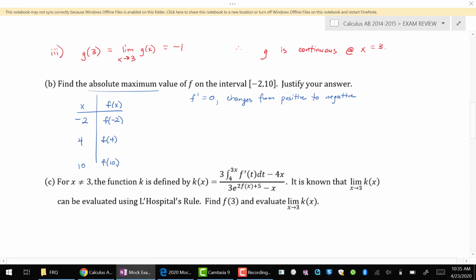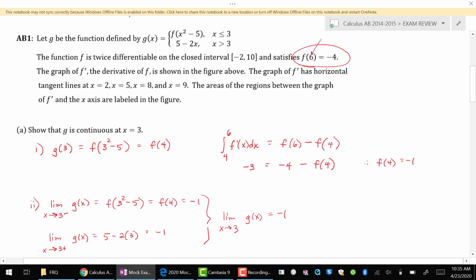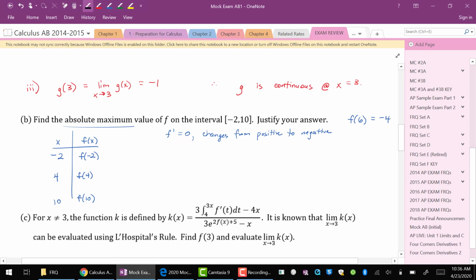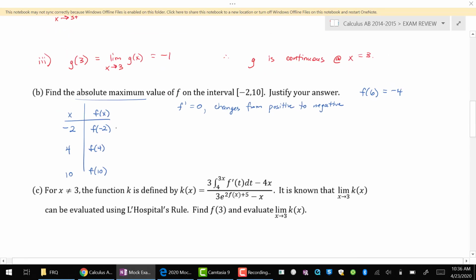Now to find these values, I'm going to go back to that f of 6 definition. Since I know that f of 6 was given as, was it -4? Yes, f of 6 is -4. I'm going to use that to again write some strategic integrals. So f of -2 by FTC, that's going to be f of 6 minus integrating from -2 up to 6 of f prime.